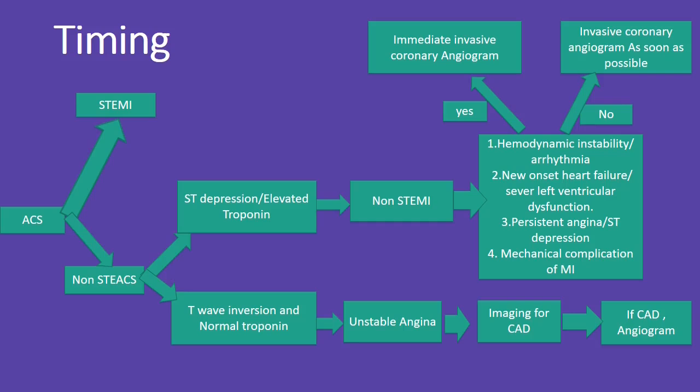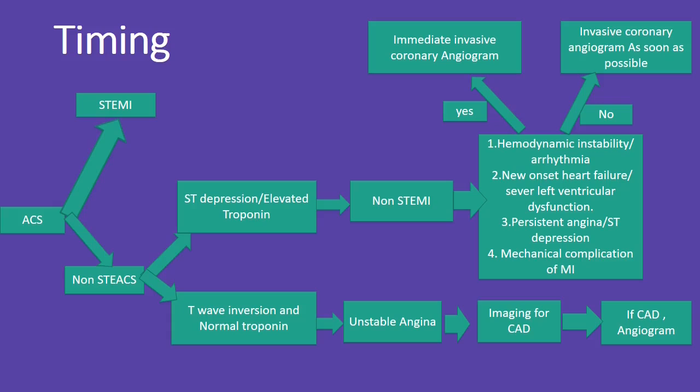When it comes to non-ST elevation acute coronary syndrome, we will see whether there's ST depression, followed by whether there are elevated troponin levels, and then we will diagnose it as non-ST elevation myocardial infarction. If there's no ST depression, and there can be T-wave inversions with normal troponin level, we will diagnose it as unstable angina. When it comes to non-ST elevation MI, we will start anticoagulation straight away.